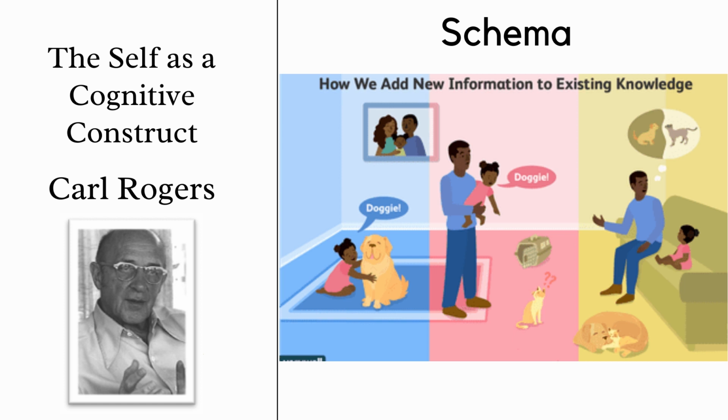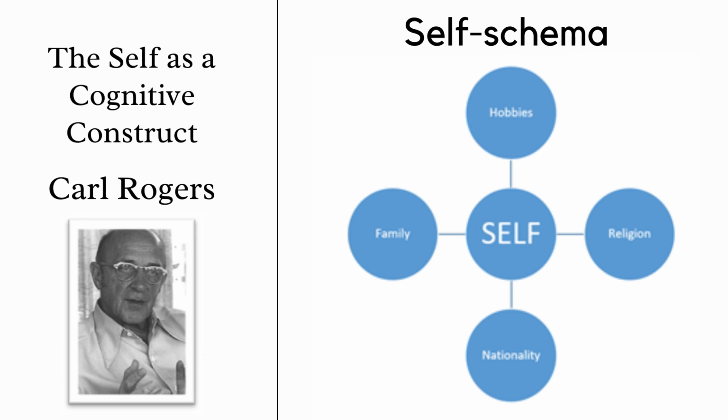So, again, when we say schema, it is a mental structure that a person uses to organize knowledge. In this case, the self schema refers to our organized system or collection of knowledge of who we are. So take a look at the diagram on the screen.